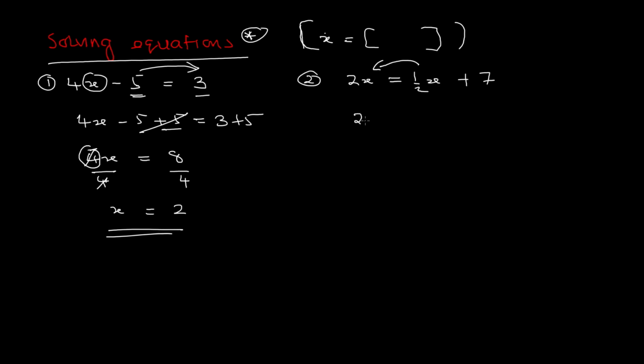So I need to say 2x. For me to remove this from the other side, I need to subtract since it's positive. So I already know that I'm going to subtract it from this other side as well. So then I go to the other side and do the same thing, minus half x, plus 7. So these take care of each other.